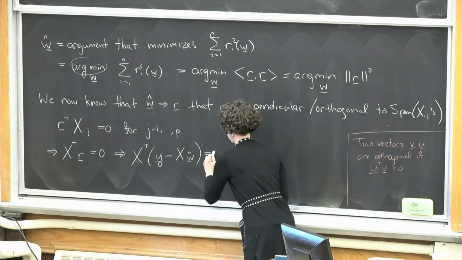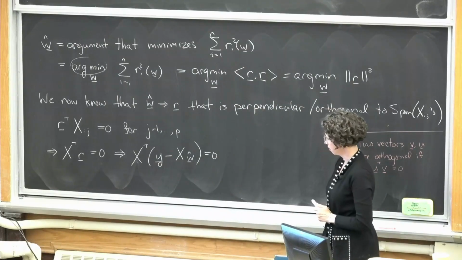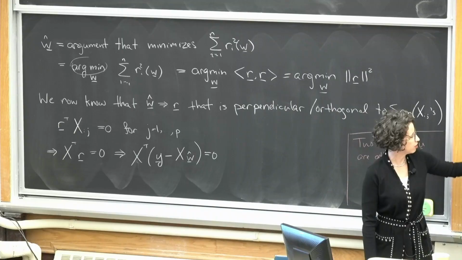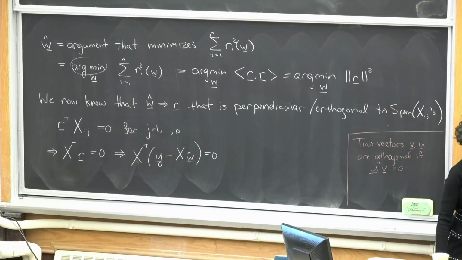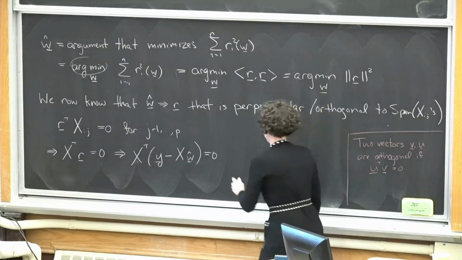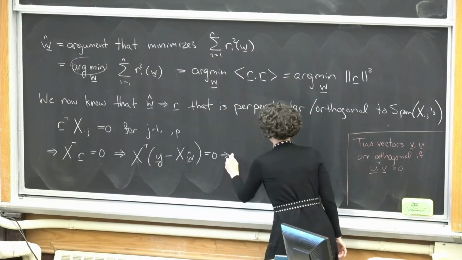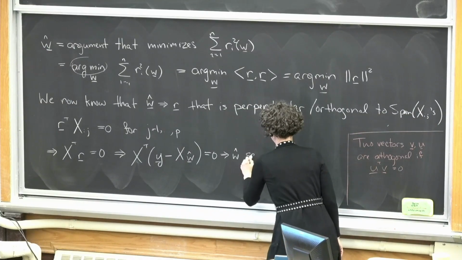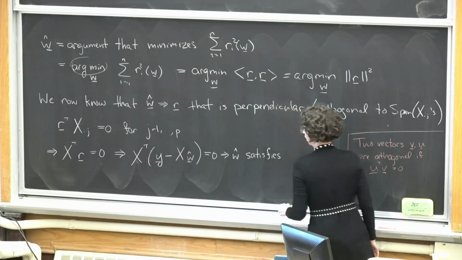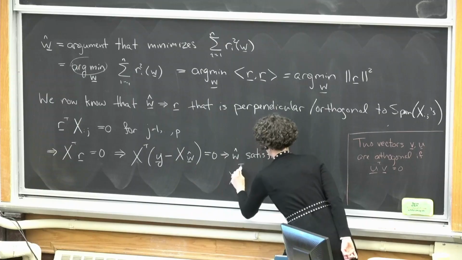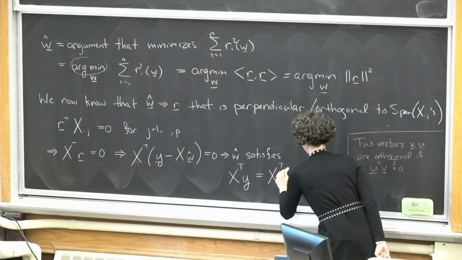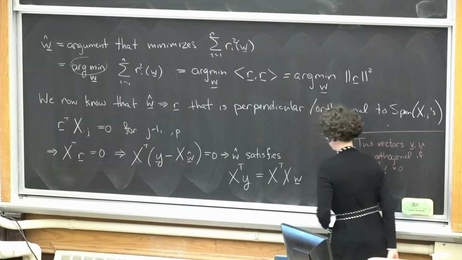So this product must be equal to 0 in order for our residual vector to be orthogonal to the span. And so this tells us that w hat has to satisfy x transpose y equals x transpose x w.